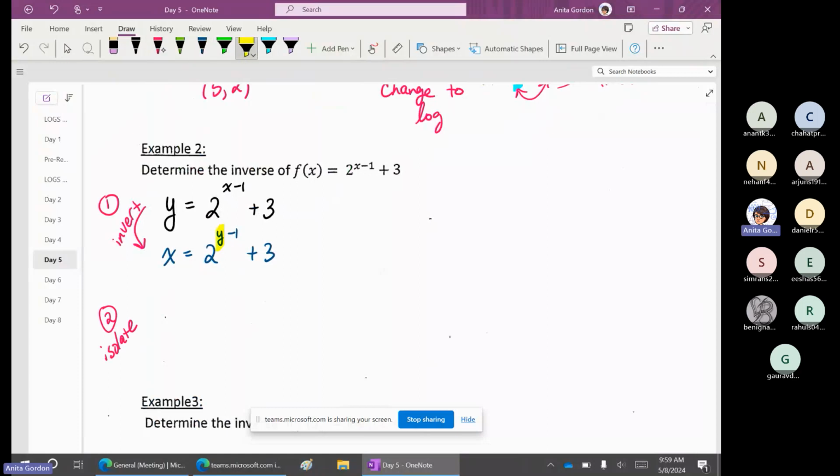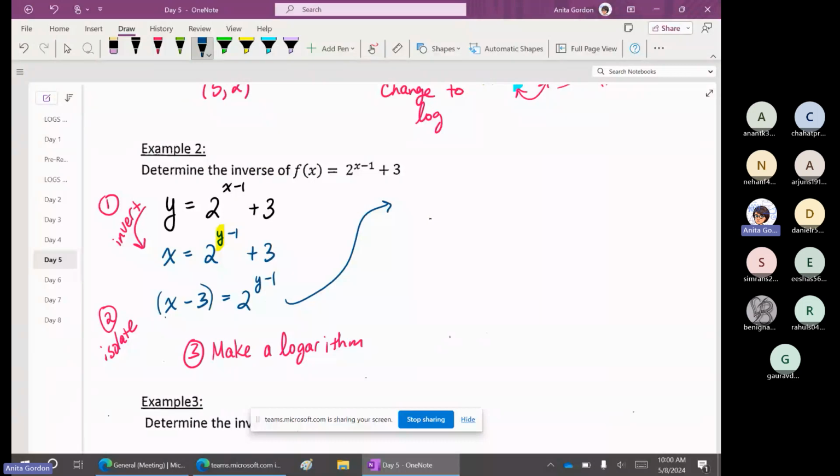So my y is over here, so let's move some things over. This is going to be x minus 3 equals 2 to the y minus 1. Okay. In order to get y by itself, to bring it down, step 3 is I'm going to rewrite this as a logarithm. So everything on the left side is going to become the inside of the log, in brackets.